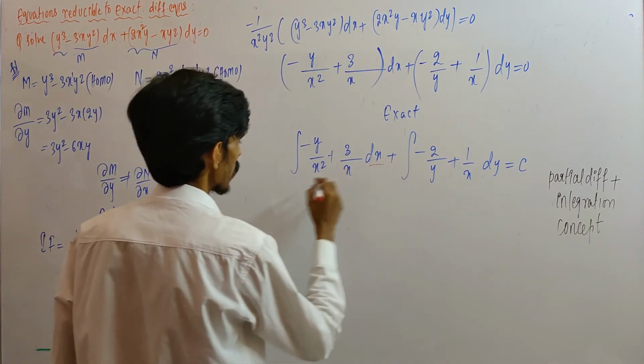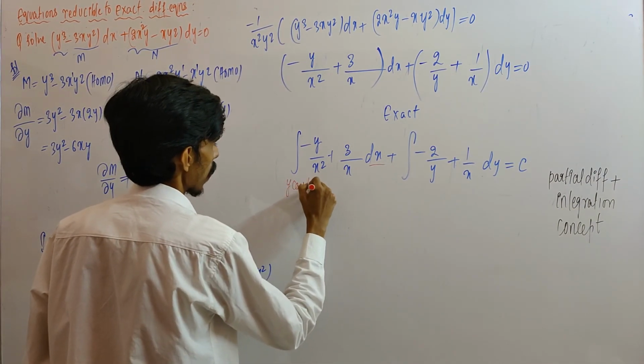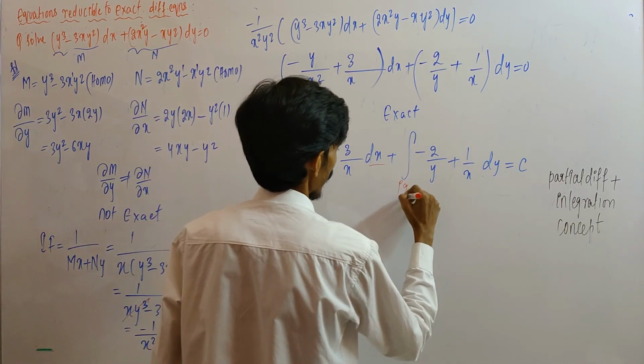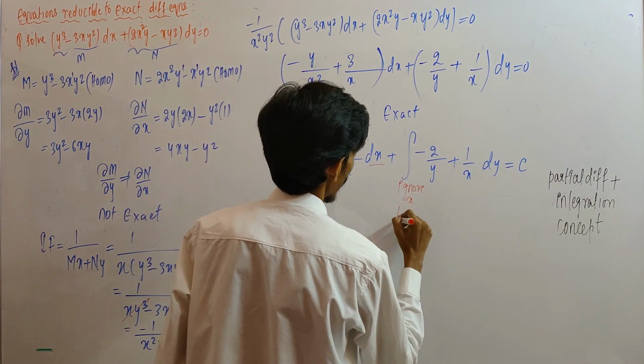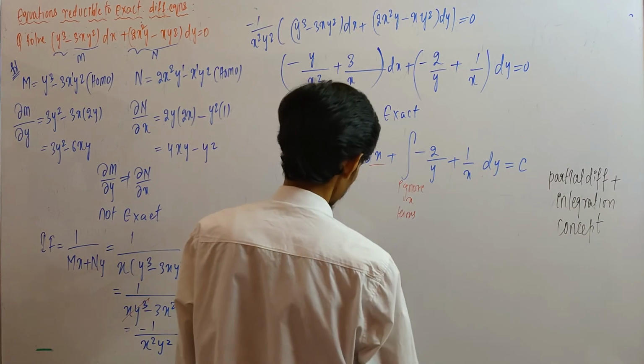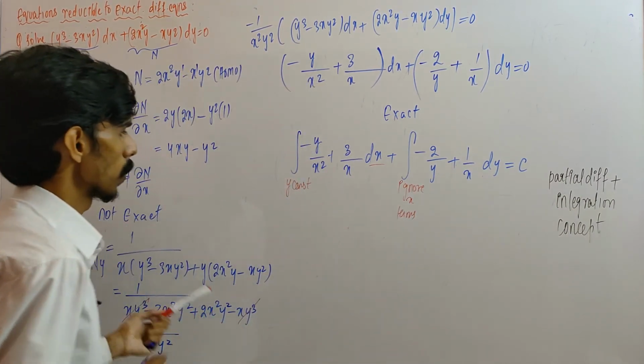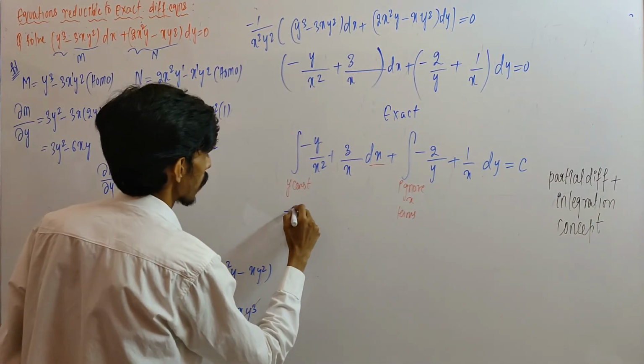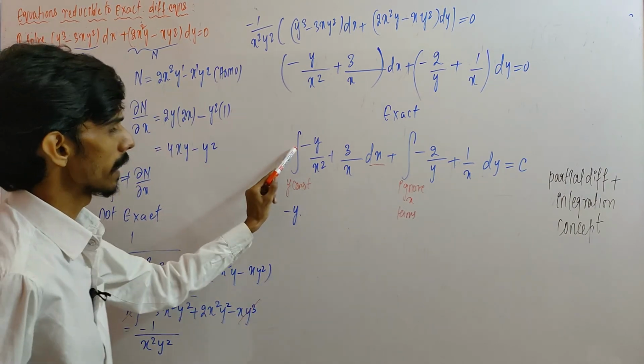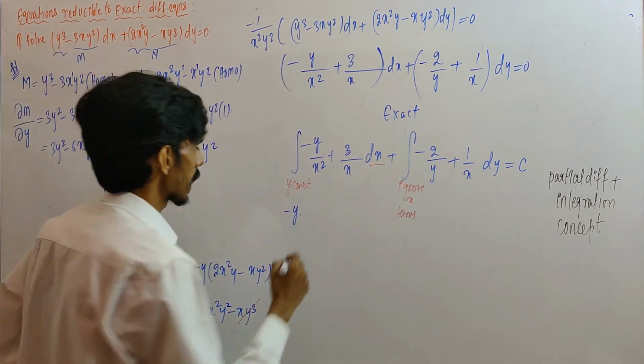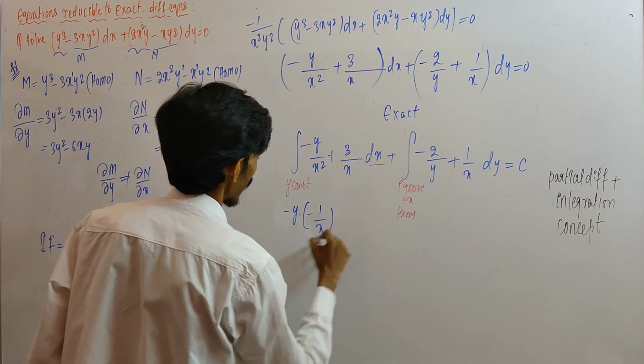Here dx is there, so take y as constant, and ignore x containing terms for dy. So here minus y is a constant, integration of 1 by x square dx value is minus 1 by x.